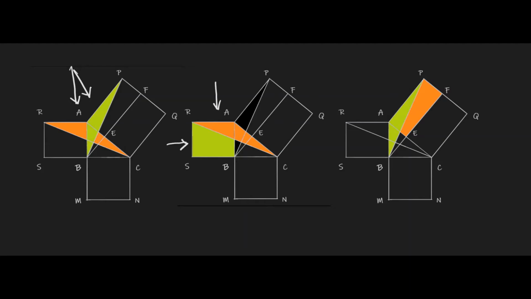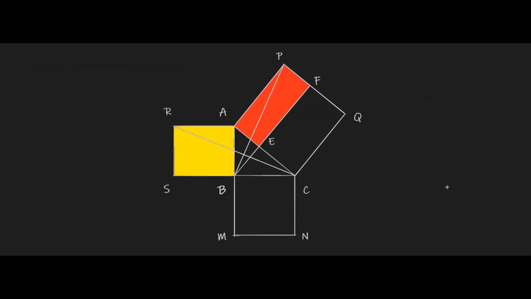And likewise, we have also proved that the area of this colored triangle is half the area of the colored rectangle. So if we were to combine the three results, we can say that the area of the yellow square is equal to the area of the red rectangle.